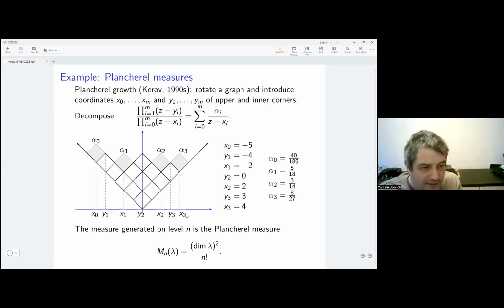And it is easy to see that they just interlace. So there is one more inner corner than upper corner, and they are oriented in this way.